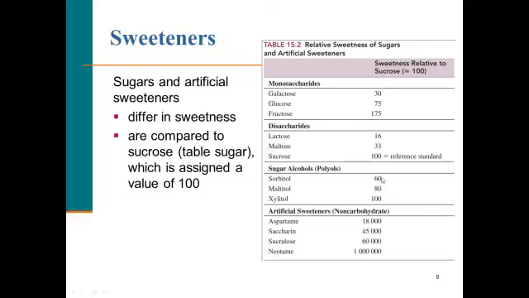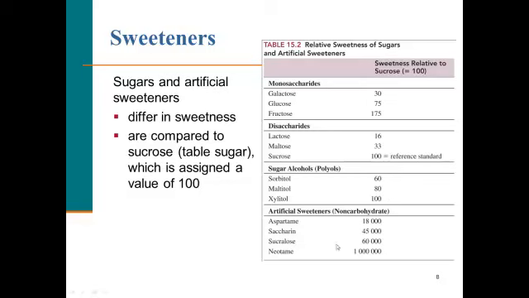You'll also want to remember that the sugar alcohols that are formed from the reduction of a sugar are also relatively sweet. Sorbitol is the sugar alcohol that results from the reduction of glucose, and you can see that that has a sweetness of 60, while other sugar alcohols have an even higher relative sweetness.